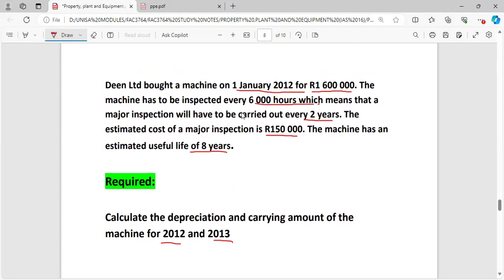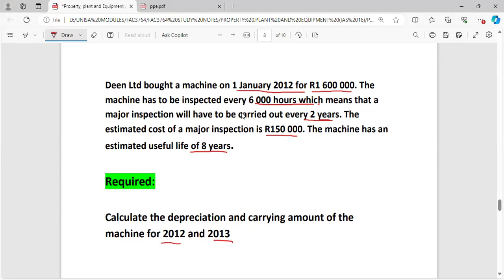So what you look at when you are doing this question is, we have a machine that was bought for 1,600,000. The machine has to be inspected every 6,000 hours, which means that a major inspection will have to be carried out every 2 years. The estimated cost of a major inspection.